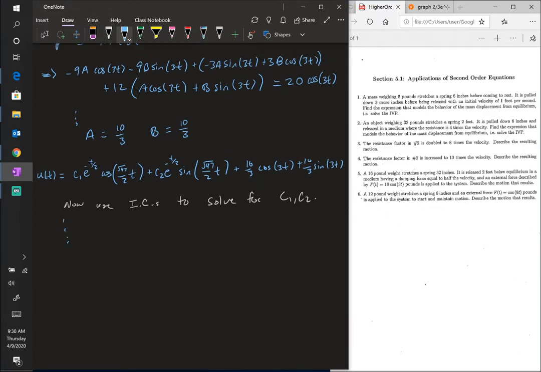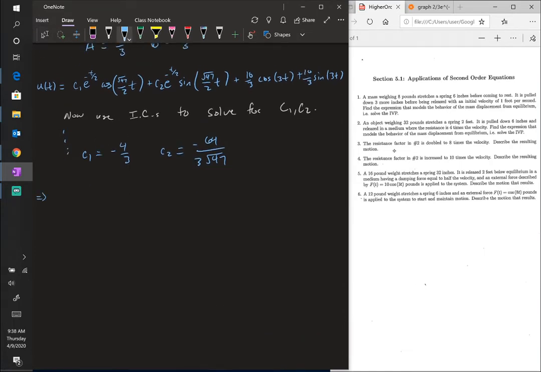After some more differentiation and all that stuff, you get C1 equals -4/3 and C2 equals -64/3 square root of 47. So the unique solution, u of t, is equal to, I'm going to factor out that e to the -t/2, gives me -4/3 cosine square root of 47/2 times t minus 64/3 square root of 47 sine square root of 47/2 t, plus 10/3.